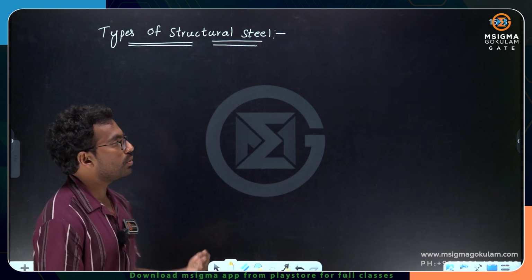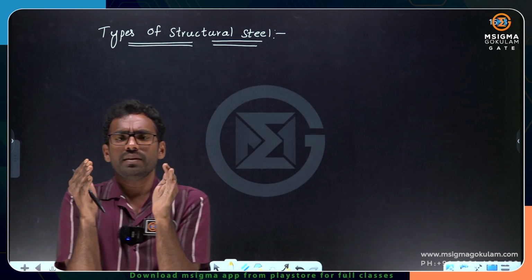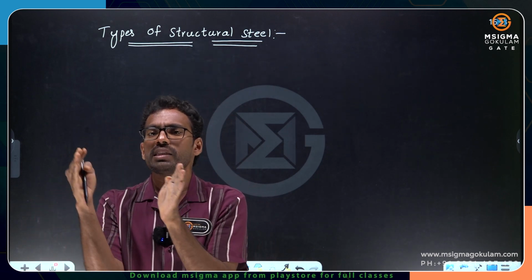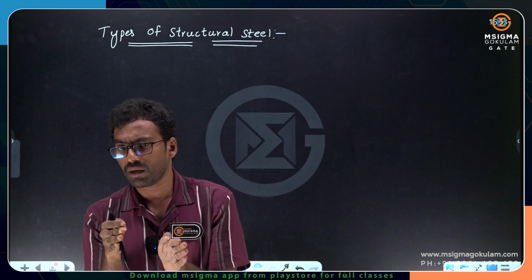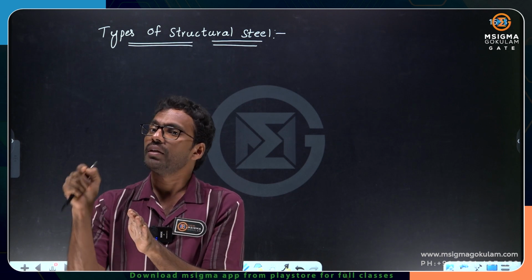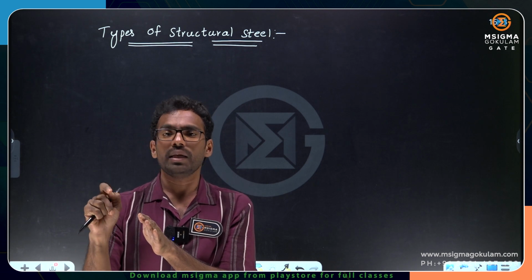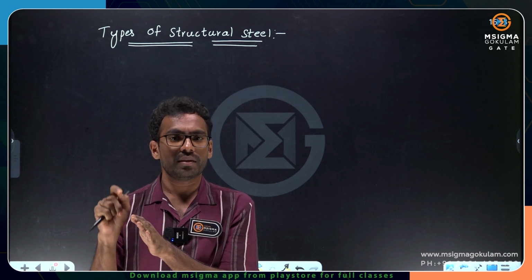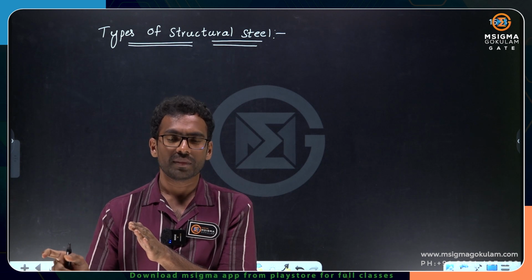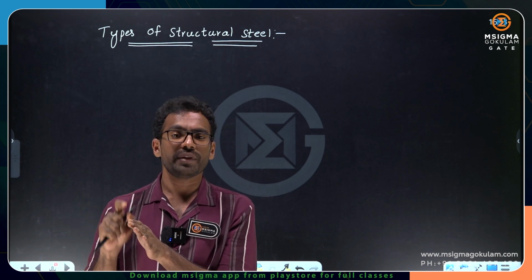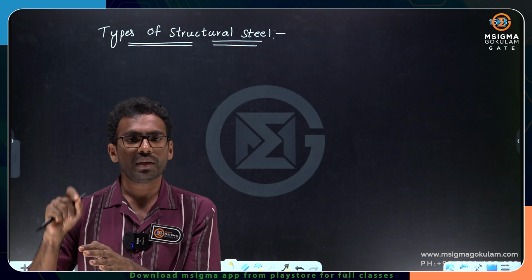Okay. So if you look at RCC, the construction of reinforced cement concrete, what is reinforced cement concrete? Concrete is there. Into that concrete, we are going to embed steel bars because concrete is a brittle material which fails because of tensile stresses. So, to avoid that kind of failure, we embed the steel bar into the concrete.